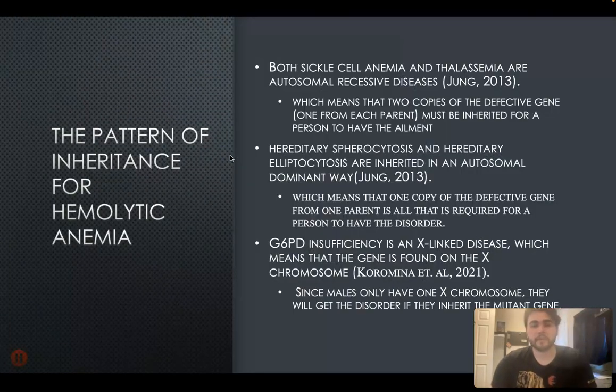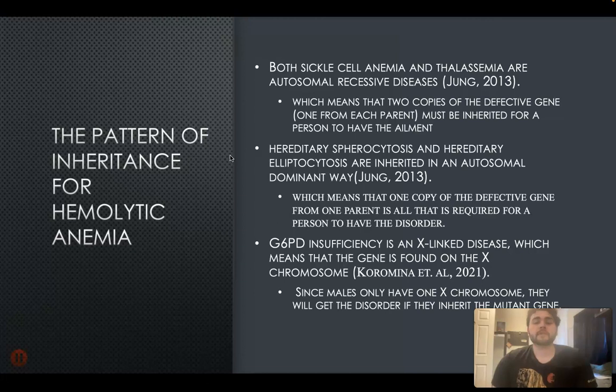So the pattern of inheritance for hemolytic anemia: both sickle cell anemia and thalassemia are autosomal recessive diseases, which means that two copies of the defective gene, one from each parent of course, must be inherited by a person in order to have the disease.